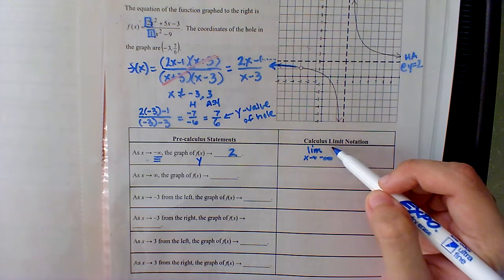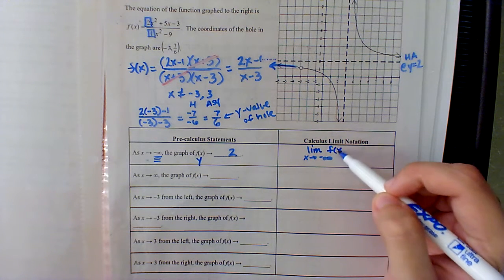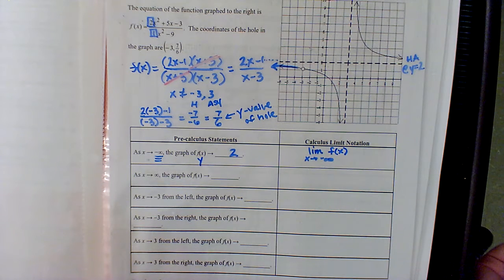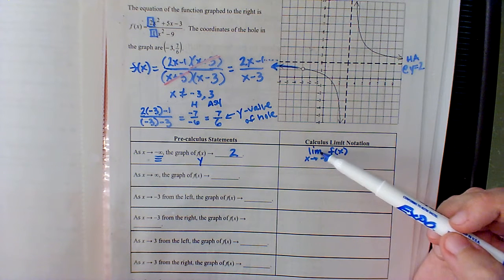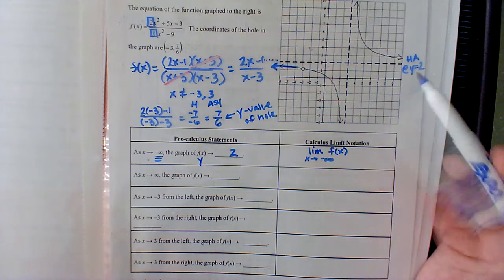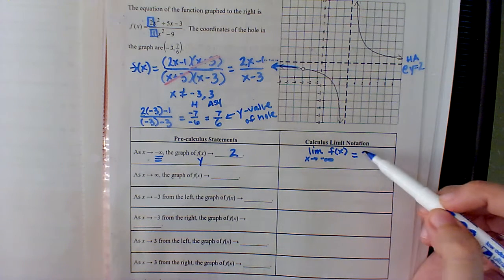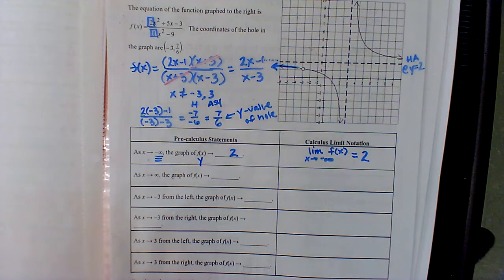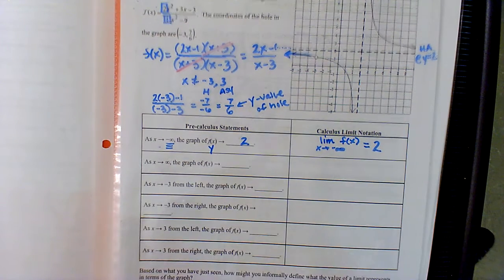And then after limit, we write f of x. So the limit, as x approaches negative infinity, of this particular graph is 2. That's what you're approaching. That's what you're getting closer to. Okay, so that's the notation for just this statement. We're going to see what the other ones look like.